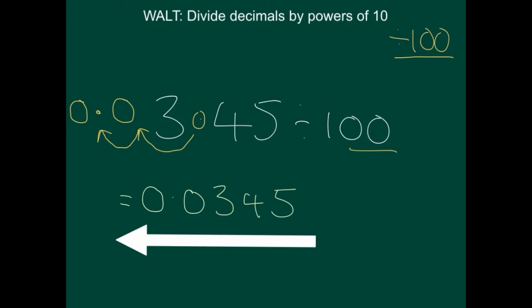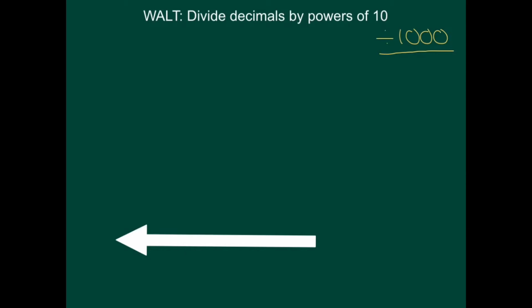I think you're getting the hang of it now, but let's try dividing by 1000 now. Okay, we'll first look at the number 38.5 divided by 1000. So, working with the number 1000, which has 1, 2, 3 zeros, that means we're going to move our decimal place 3 places to the left.